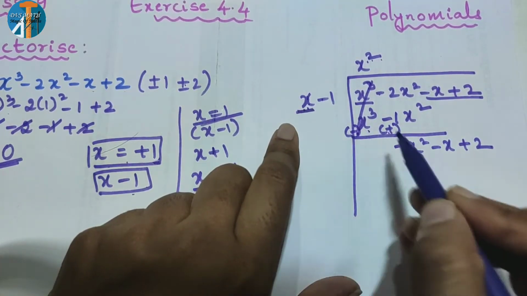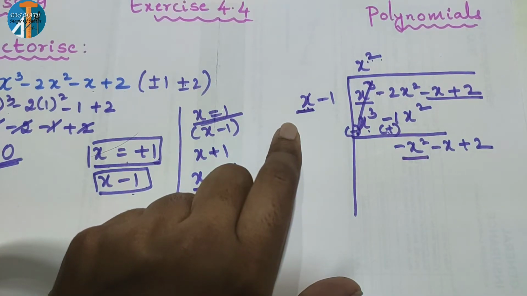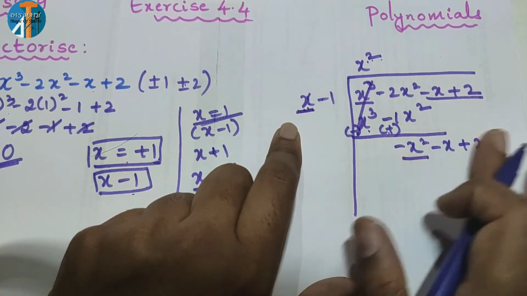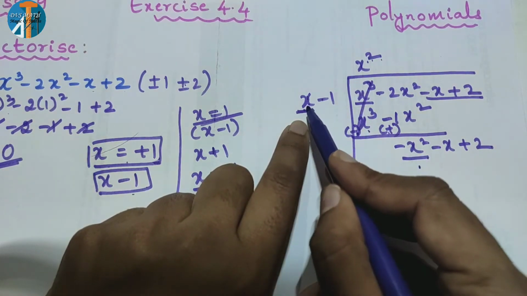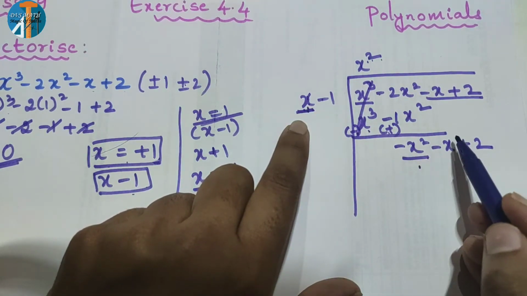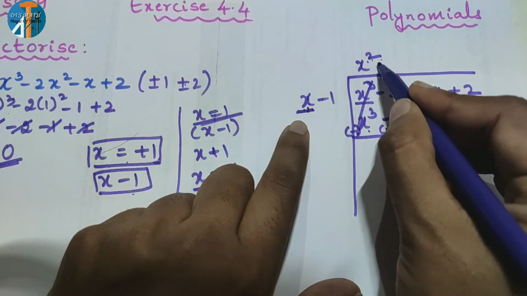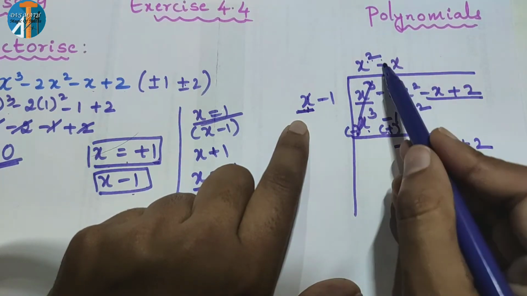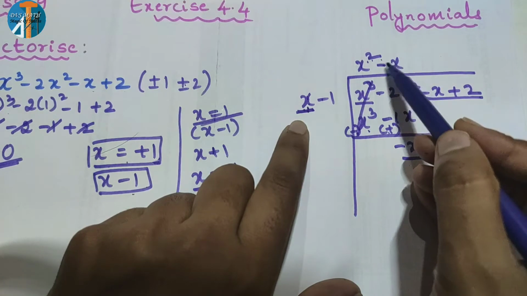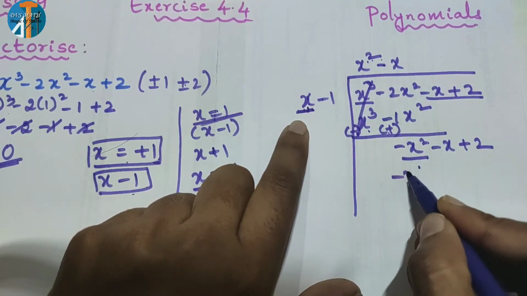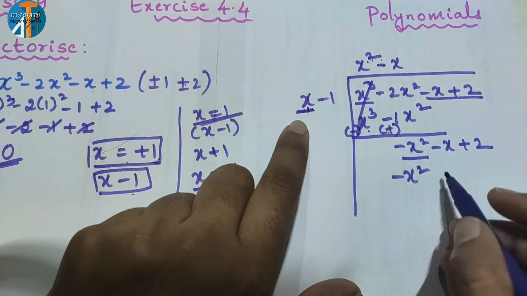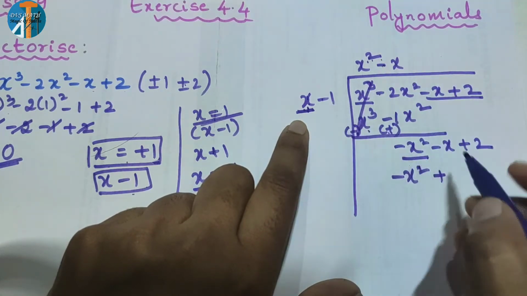Now again observe the first term itself. Again observe the first term, don't go for any other term. The first term now is x. Here minus x square. So that means by which number do you have to multiply? By minus x. You can observe minus 1, minus x into x square. Clear? So now minus x square, again minus into minus is plus x, 1 into x.